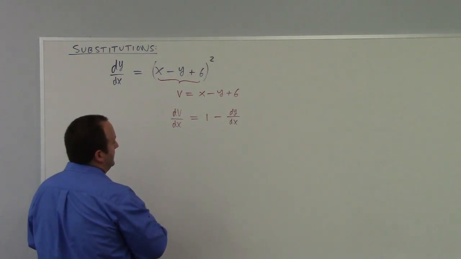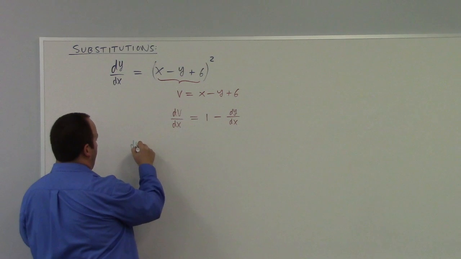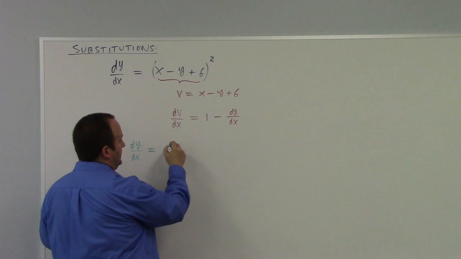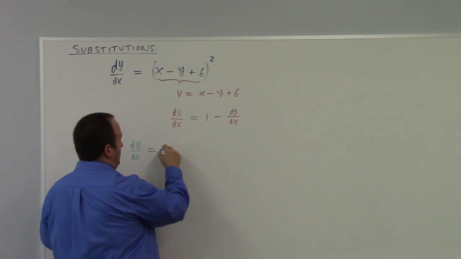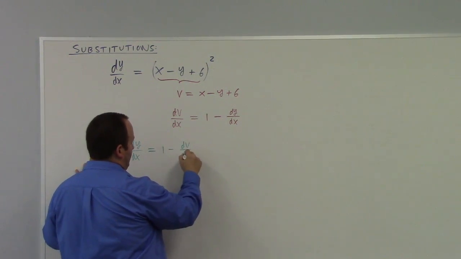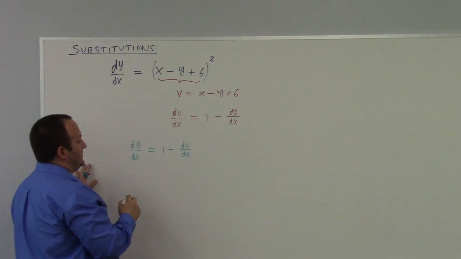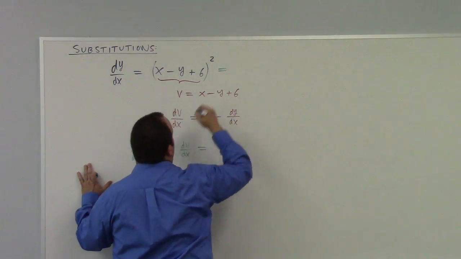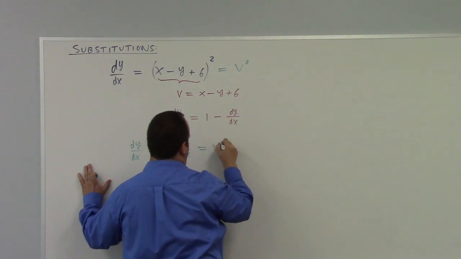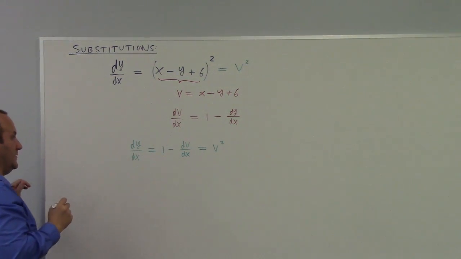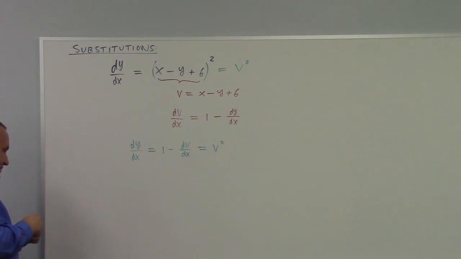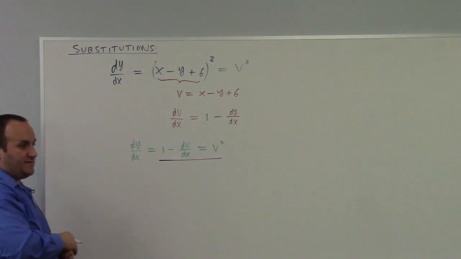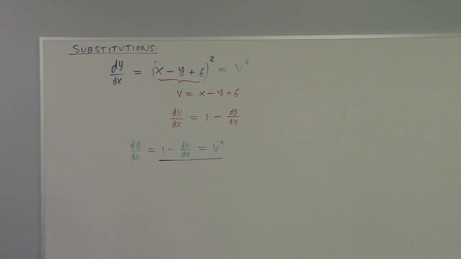What do we have? We have dy/dx is equal to, what is it equal to? It's equal to dv/dx minus 1, right? But what else is it equal to? What's this up here? v squared, right? At which point we're like, hooray, because this is a much nicer differential equation in terms of v and x, which we probably can solve.